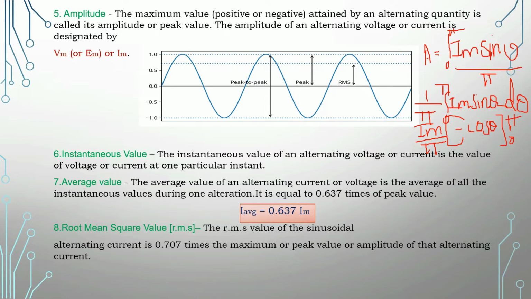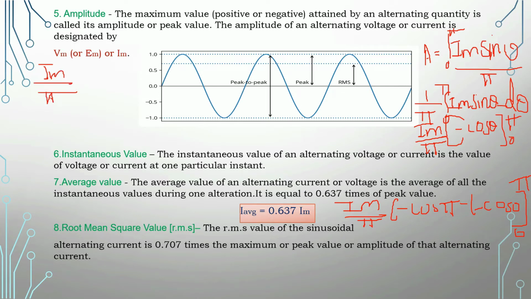So on putting the values, we get Im by pi is nothing but minus cos theta, the value of cos pi minus the value of cos 0, right? So now finally we will have Im by pi.